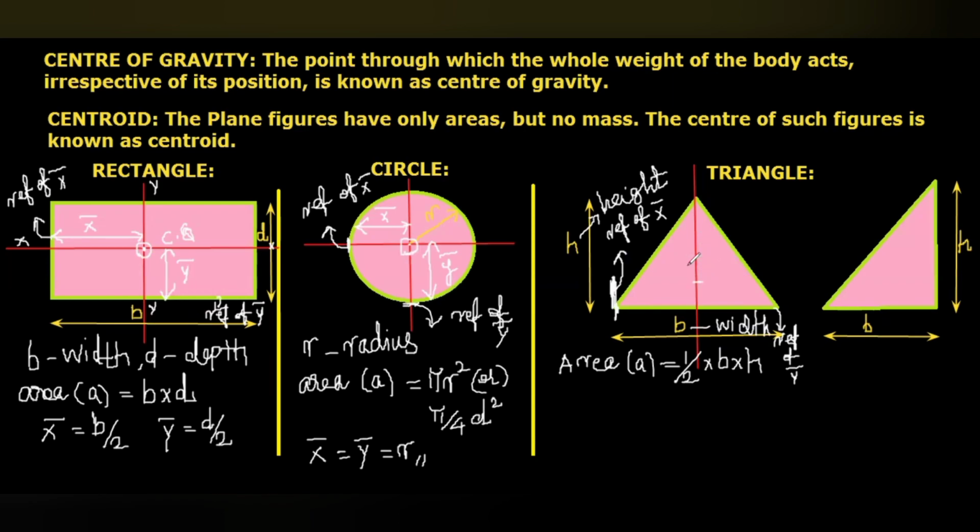But the distance from the reference axis, that is the leftmost line passing through the leftmost point, the x bar will be b by 2. That is half of the width or base.